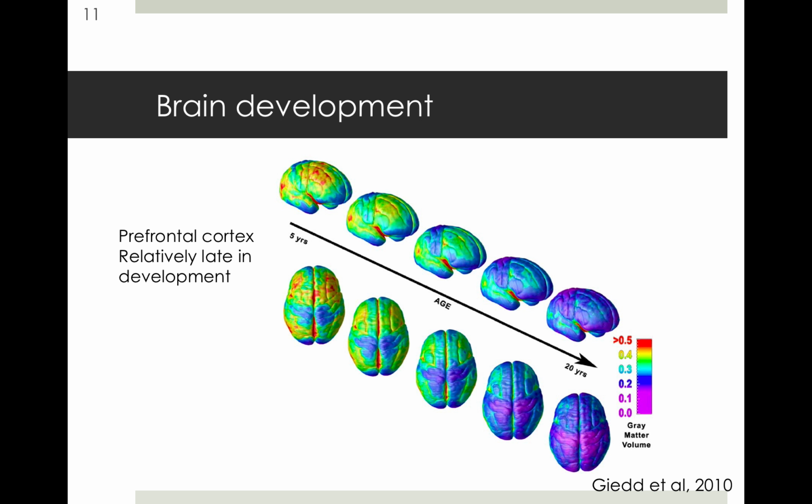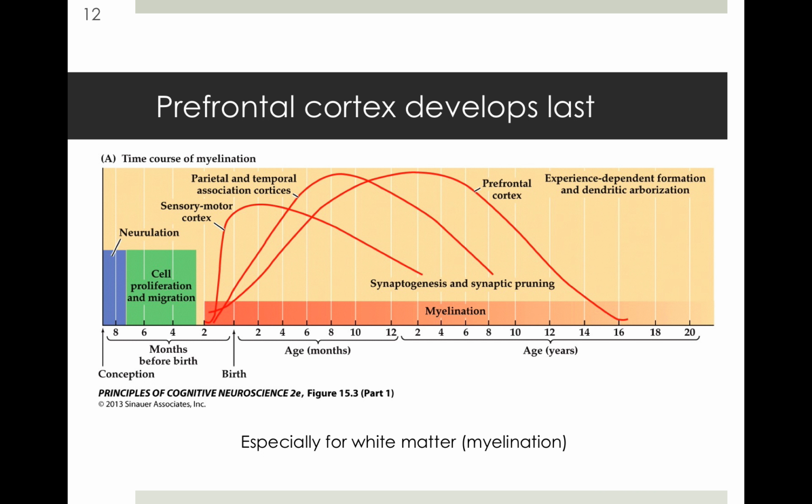That's the color in these brain images showing the amount of development at each age. Right? So the amount of changes in gray matter volume. And what's really striking here is that the prefrontal cortex, right, actually doesn't really show all these changes until relatively late in development. And so that's another way of saying the same thing.